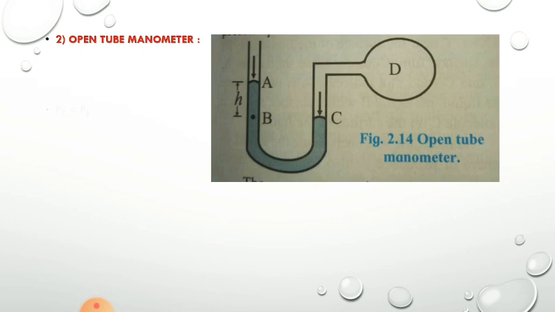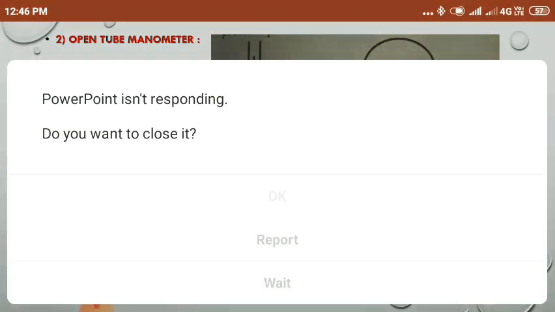The second one is the open tube manometer. The open tube manometer consists of a U-shaped tube partly filled with a low density liquid such as water or kerosene.